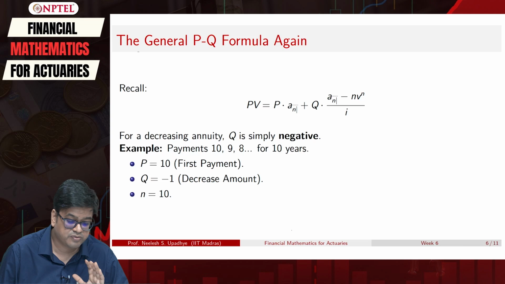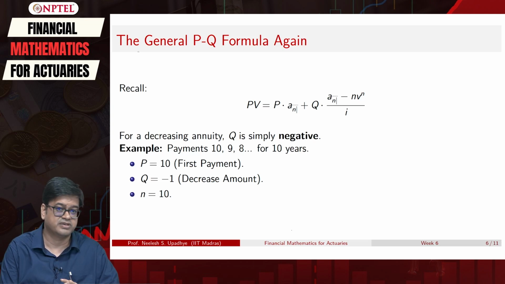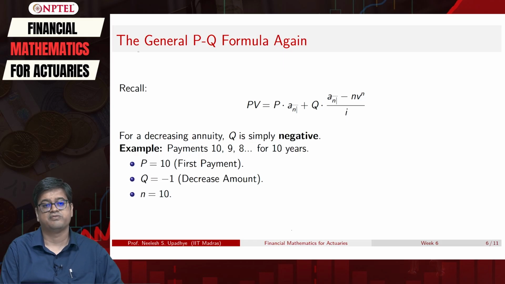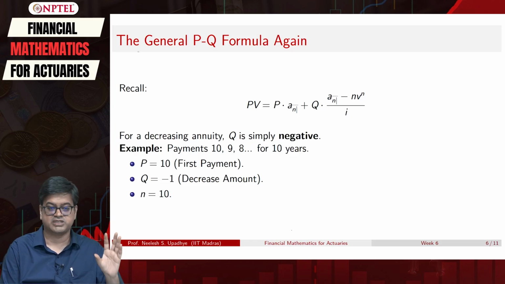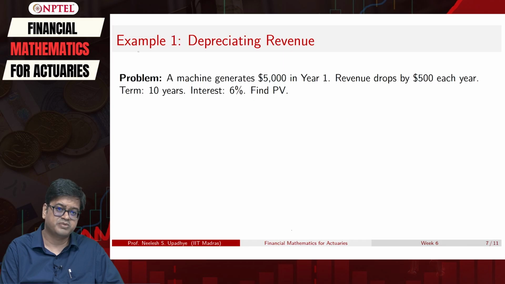So we essentially do not have to rederive the formula for decreasing annuities. If in general this Q is coming different from P, then I can simply use the increasing annuity formula and calculate the regular expression by taking Q to be negative, right. So once we have understood this framework, let us try to solve one example of depreciating revenue.